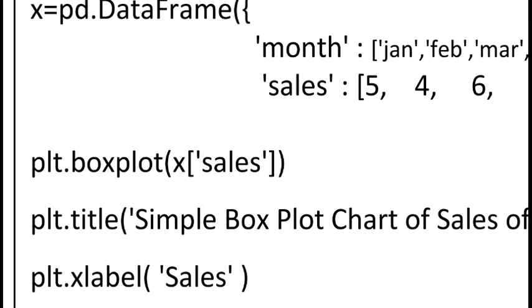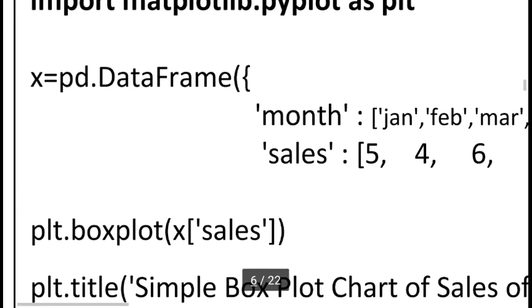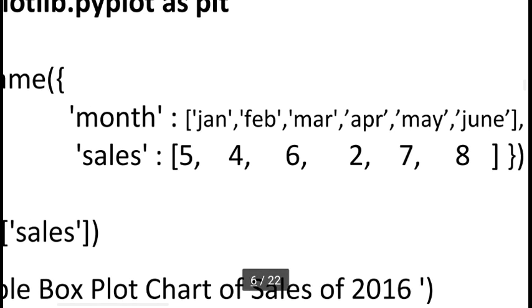In a box plot, as in a pie chart, you always use a numerical column to show your data. In this data, the maximum value is 8 and the minimum value is 2, and I also want to find the mean.